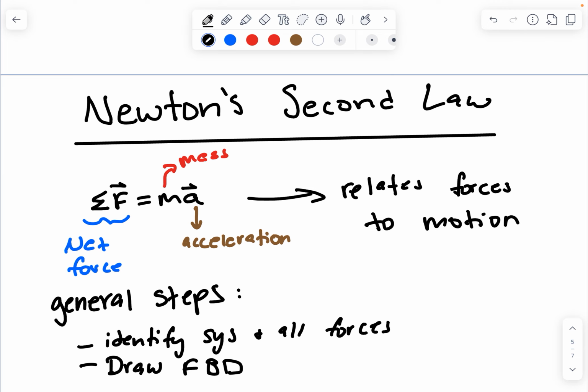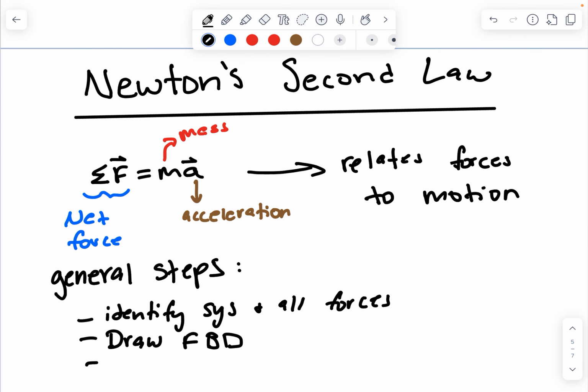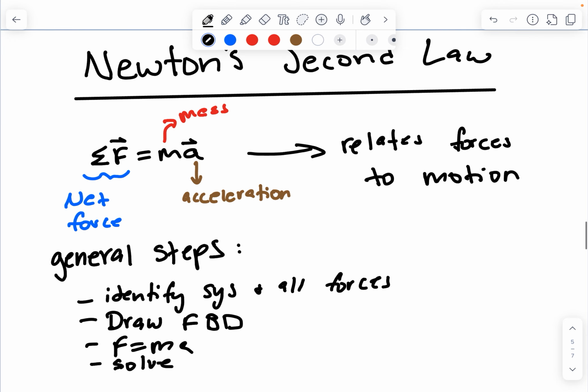But in a free body diagram, you put all forces that are touching or acting on an object. Step 3 is write your net force equation, or F equals ma. And then step 4 is solve. So these are the steps to approach any type of problem.